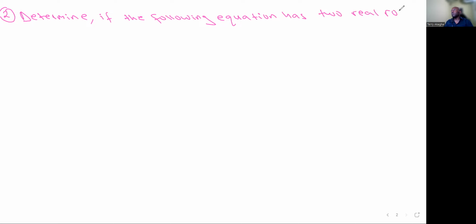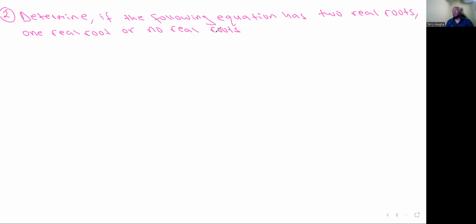The question I have here, number 2, says: determine if the following equations have 2 real roots, one real root, or no real roots.